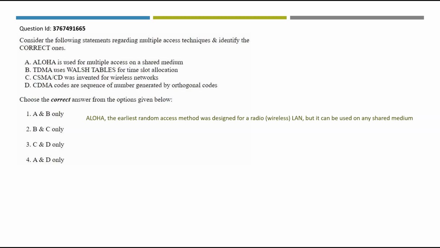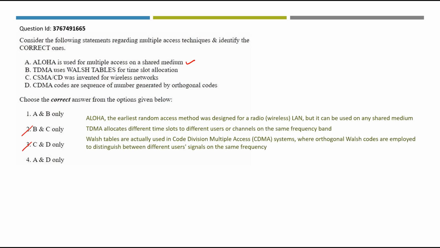Aloha, the earliest random access method, was designed for a radio wireless LAN, but it can be used on any shared medium. So statement A is definitely true. When A is true, you can rule out options 2 and 3. What about TDMA? TDMA allocates different time slots to different users or channels on the same frequency band.